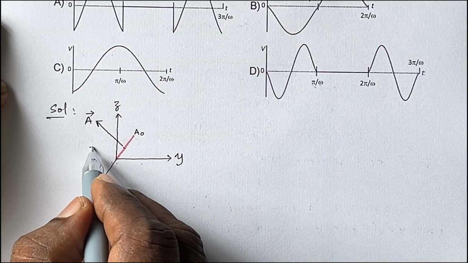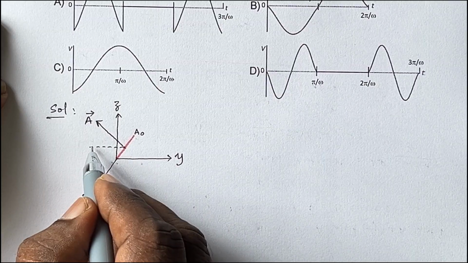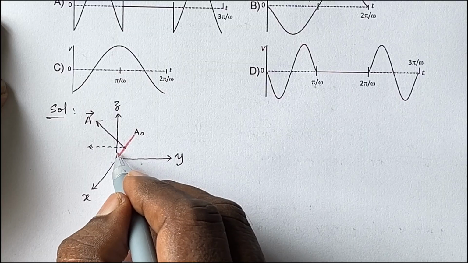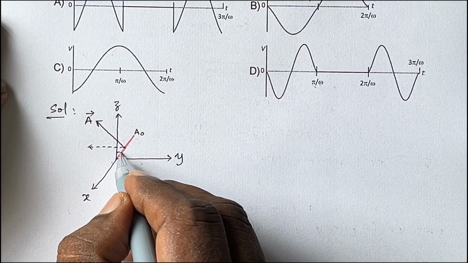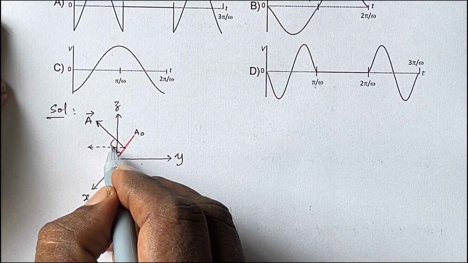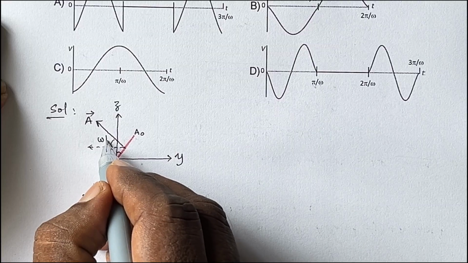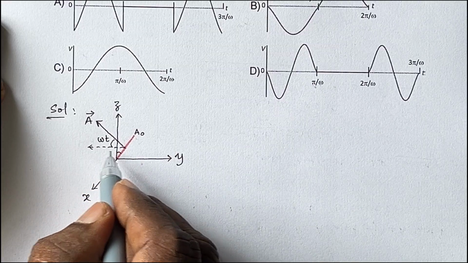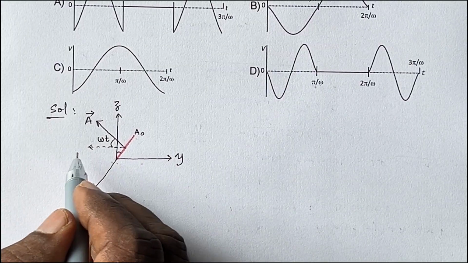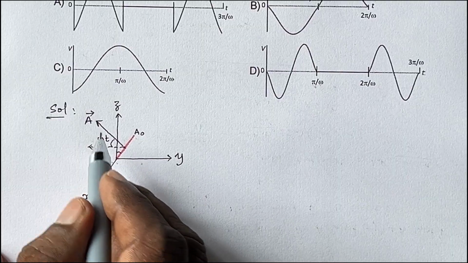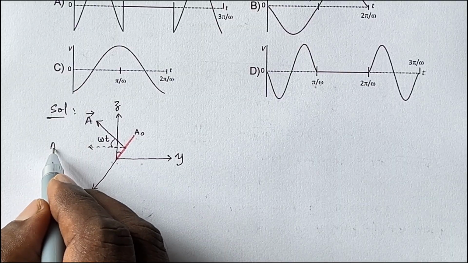And this horizontal component of the area vector is this. As it is making angle omega t here, it also makes omega t angle here. So in this direction, the horizontal component of the area vector becomes maximum, A naught.